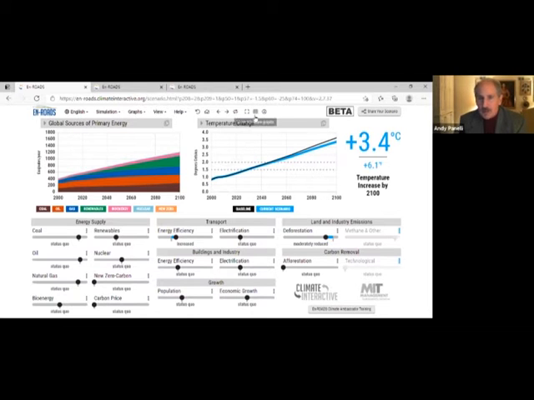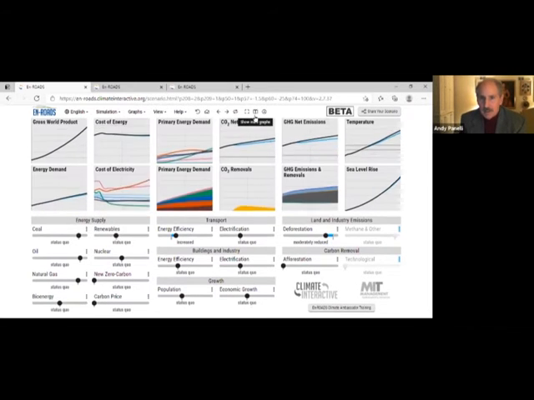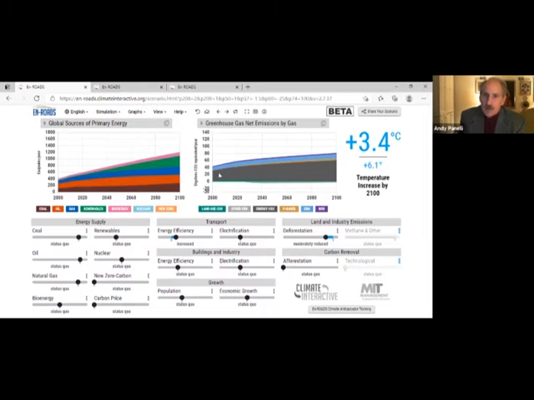Let me give you a hint. When we look at the problem here, from our earlier slides, all of this coal, oil, and natural gas that we're burning is part of the problem, and it's generating these greenhouse gases.